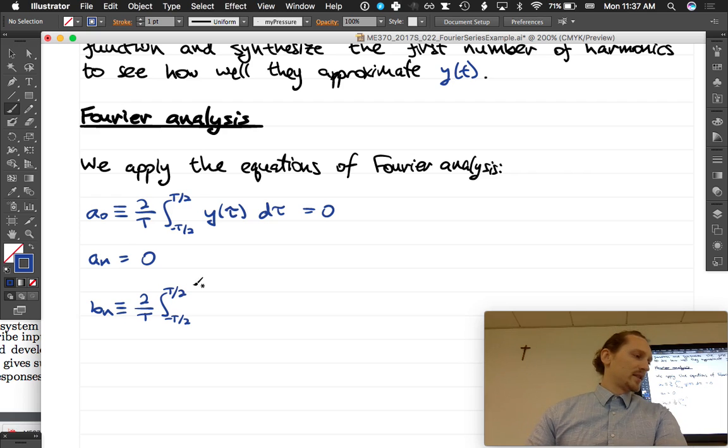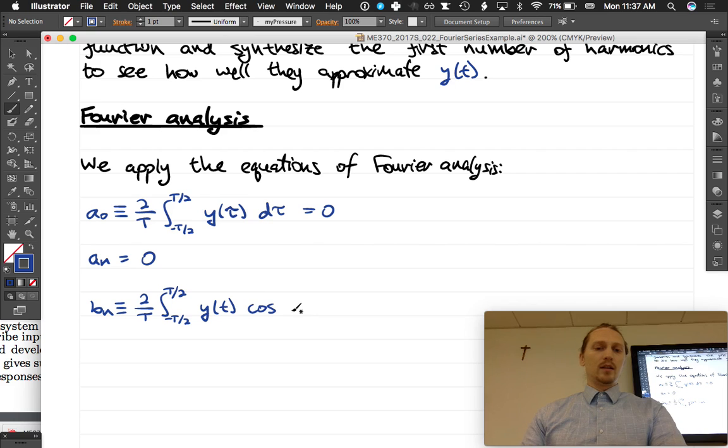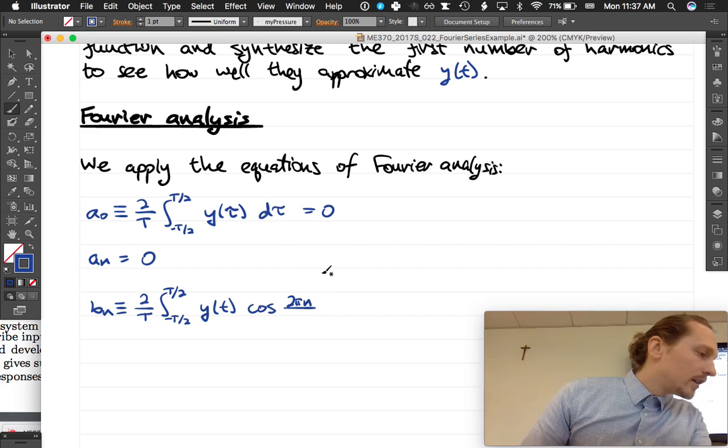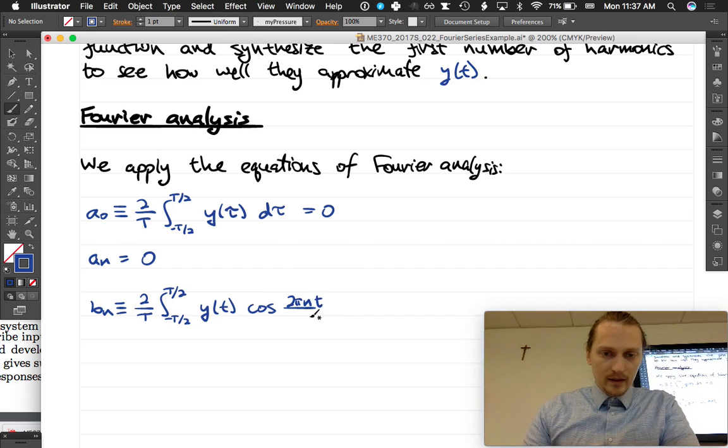So I choose that same period again to integrate over. Y of t, and then this time we have to multiply by cosine of 2 pi n t over big T.